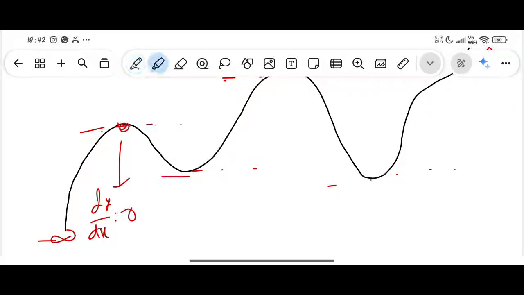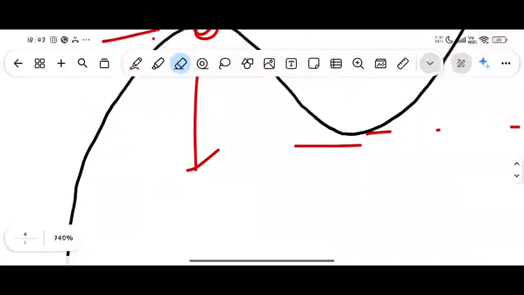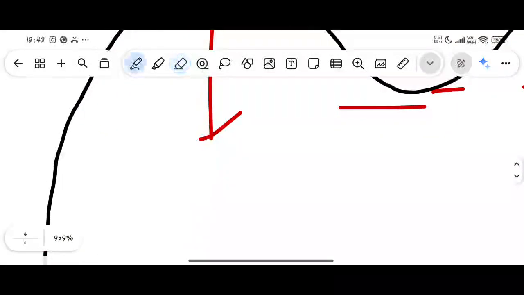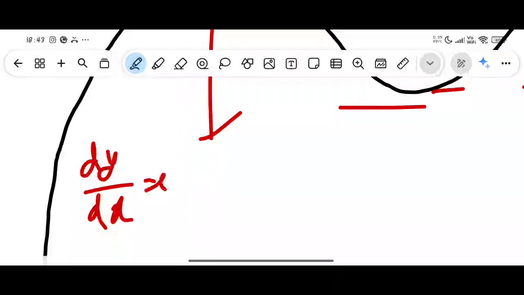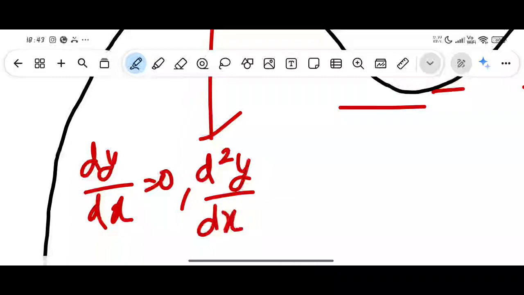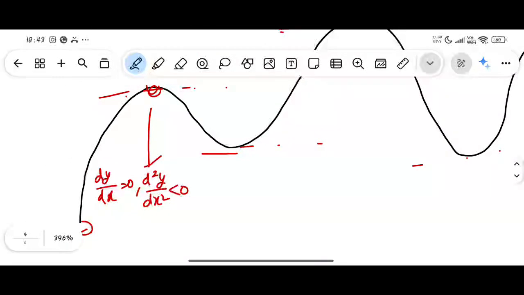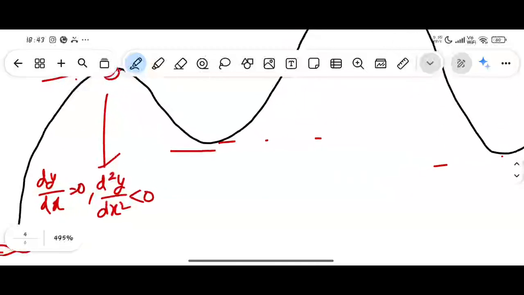So here at this point dy/dx you will get 0, and d2y/dx2 you will get less than 0. So this is our first local maximum. And why local maximum?